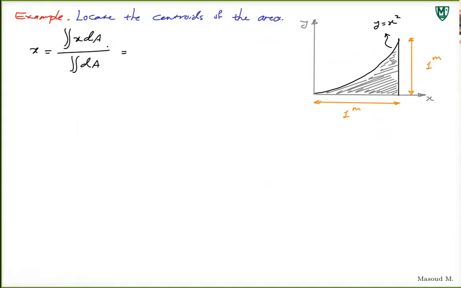So we want to convert it into an integral that we can calculate. How do we do that? We have to find a way to get rid of that dA. We have to define a specific element and convert that dA into something we can calculate the integral for. How do I do that?